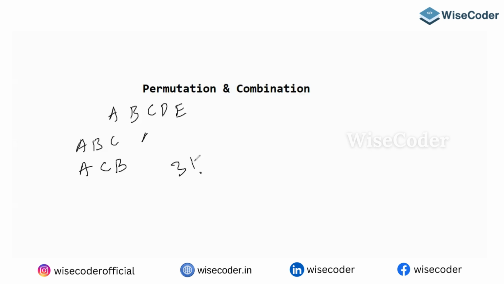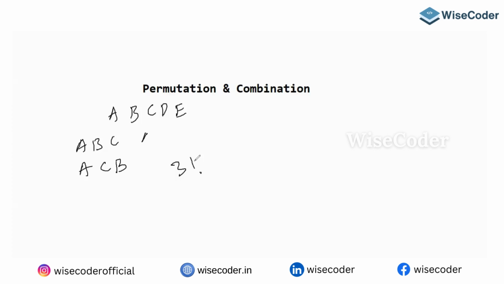A selection different from ABC would be only when the composition of the group is different, say ABD or ACE or CDE. These are also groups.